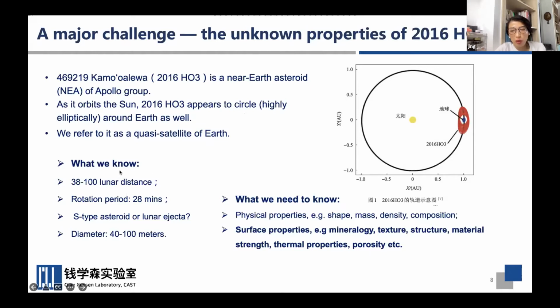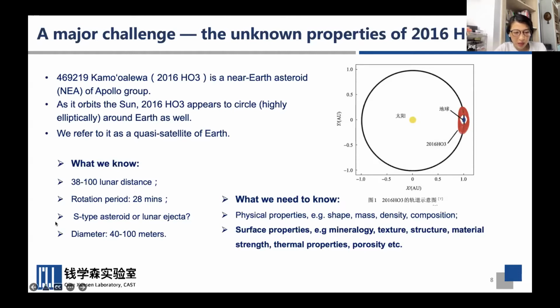What we know is very little right now. We know how close it is to our Earth, and the rotation period is about 28 minutes. So it's probably an S-type asteroid. We have one or two single photometry and reflectance spectra, but not with very high precision.